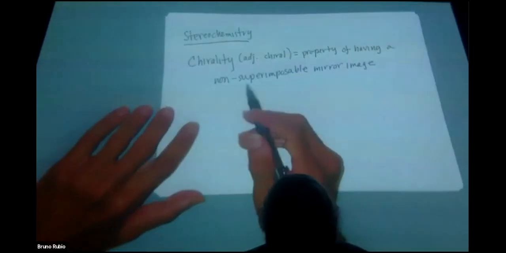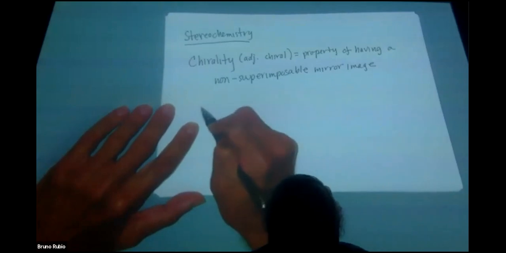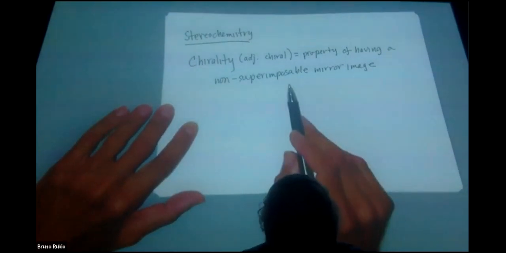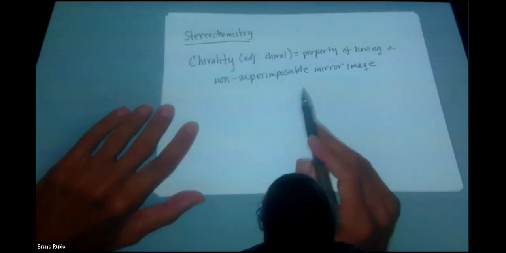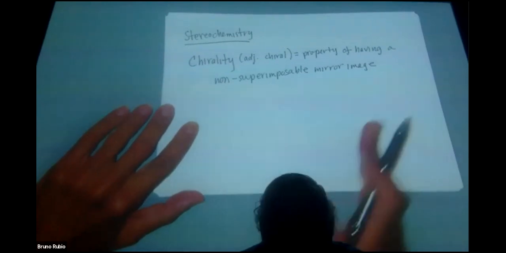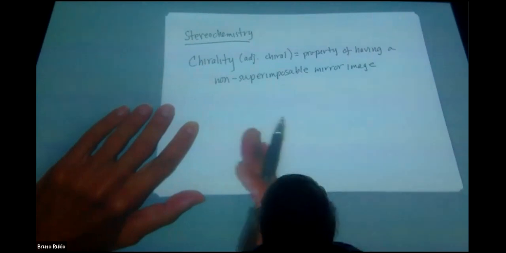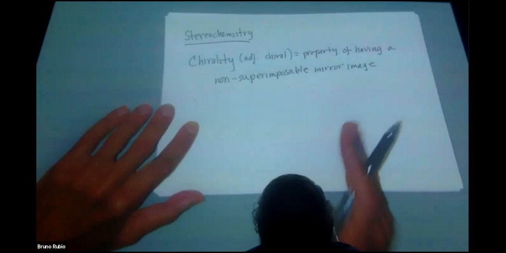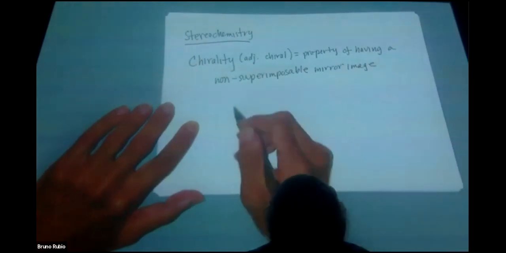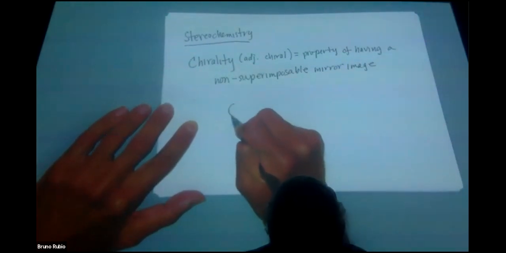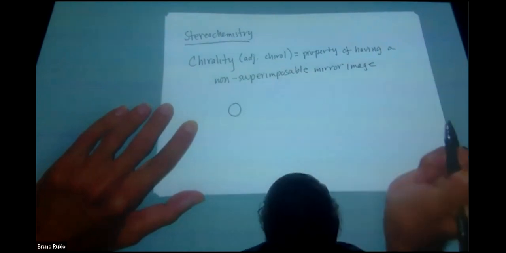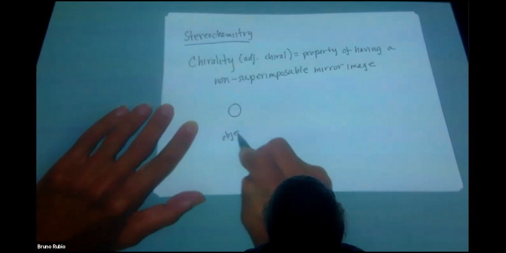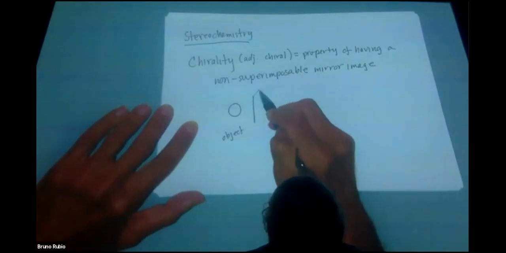So the ultimate test of chirality is this. We would look at the object, we would draw its mirror image, and we would see whether the object and the mirror image are superimposable or not. Okay, so if we imagine a circle, is a circle chiral? This is the object, right? And now let's drop a mirror here.